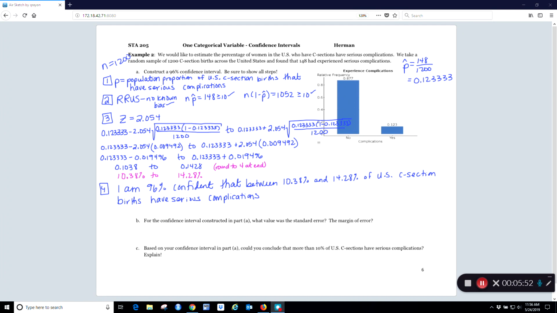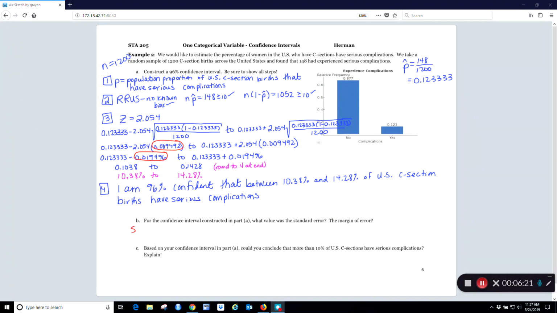Now let's relate those values that we did to some of the terms we defined. So remember that standard error is just the name of an estimated standard deviation. So this square root piece up here is my standard error. So what did I get when I did that square root piece? I got 0.009492.